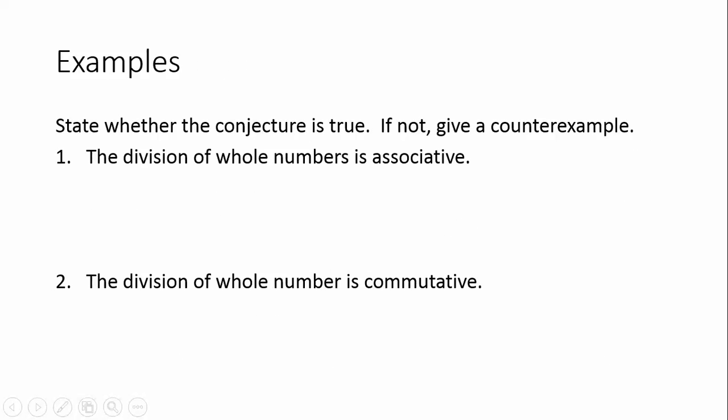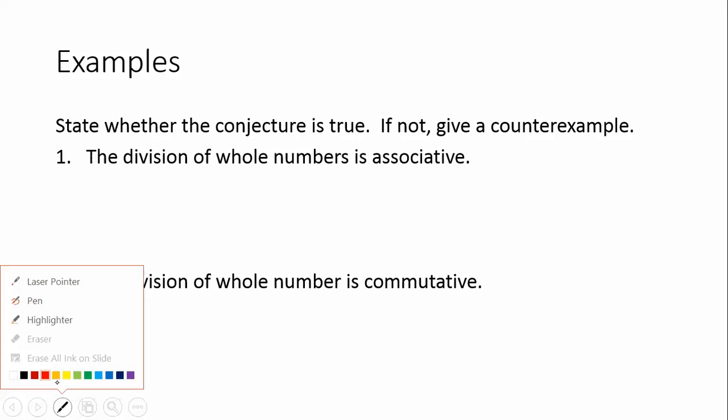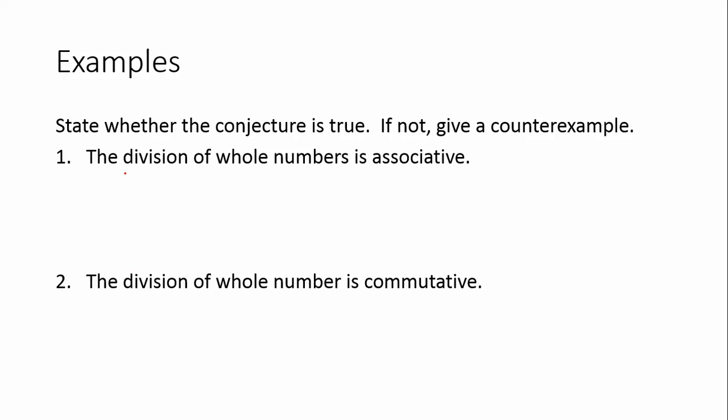So here are some examples. State whether the conjecture is true, and if not, you need to give a counterexample. Remember, the associative property states that the order in which multiplication occurs, or the order in which things are grouped, doesn't matter. So if we pick an example here, let's say 8 divided by 2 divided by 2.